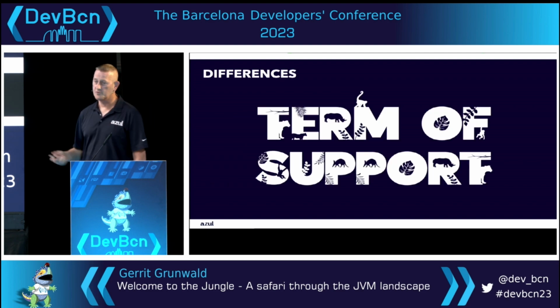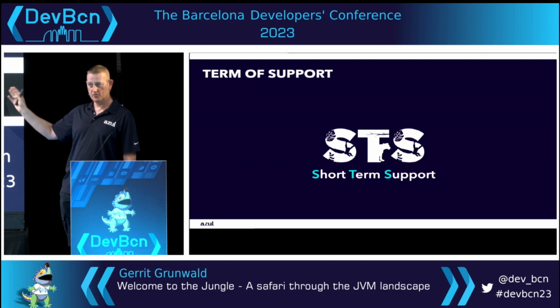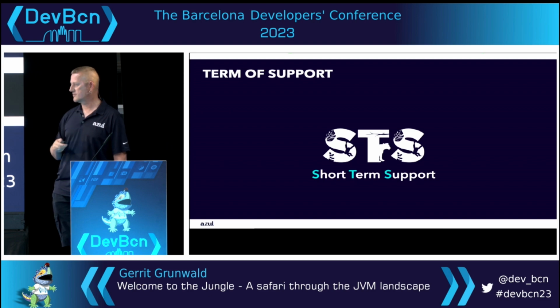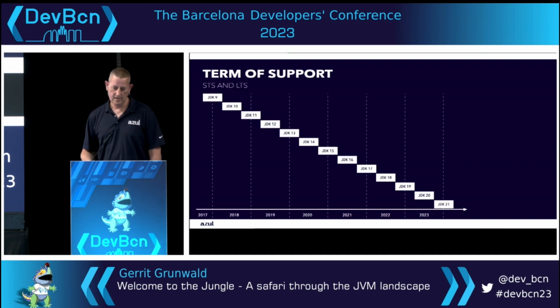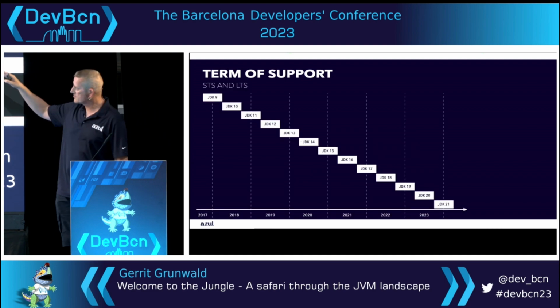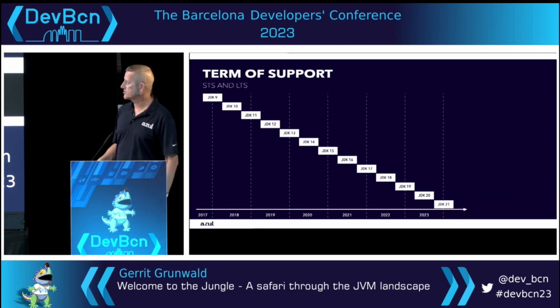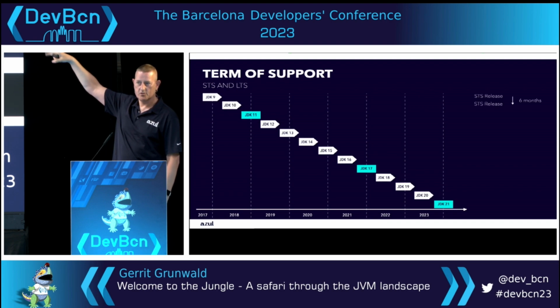Let's start with term of support. There's STS, short-term support. Probably just a few people heard of that. And there is LTS, and most of you know this one, right? Long-term support versions. And if we have a look at all the distributions, let's say we start from 9, every 6 months we have a new version out there, and then the STS releases are the white ones, short-term support versions, only 6 months.